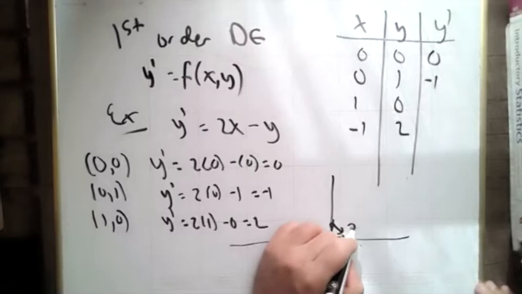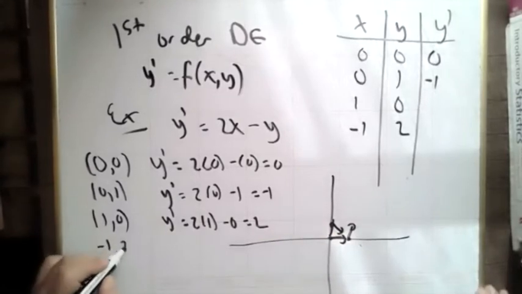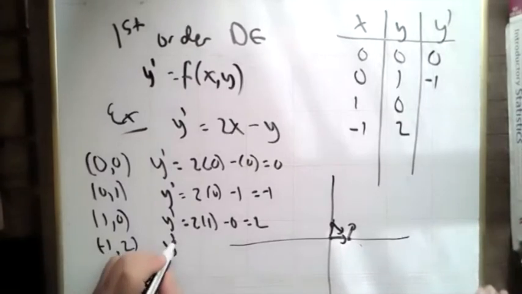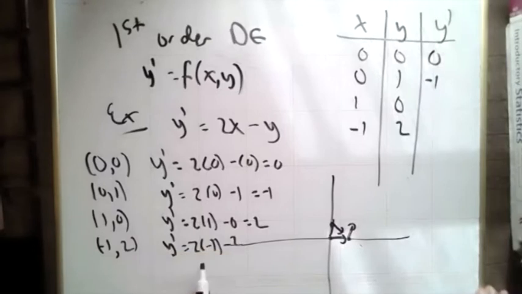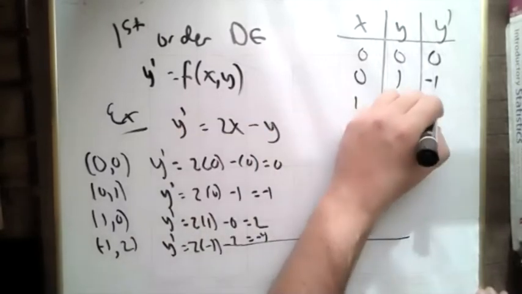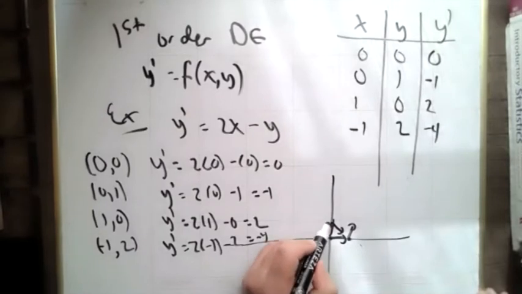I'm trying to keep these all the same length. -1, 2. So 2 times -1 minus 2. So that'd be what? -2 minus 2. I think that's -4. So at the point -1, 2, I would have a slope of -4.